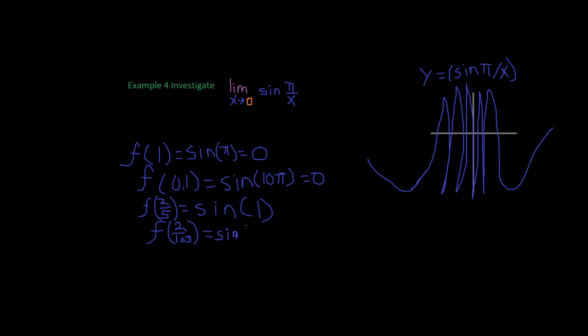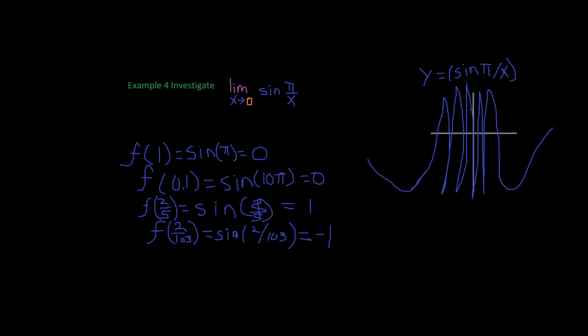Well, if you plug it into your calculator, you'll be able to see it's -1. And so there's something that's happening. The values of sine pi divided by x are oscillating between 1 and -1.